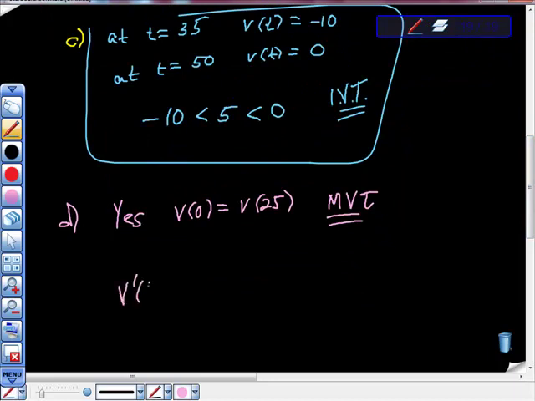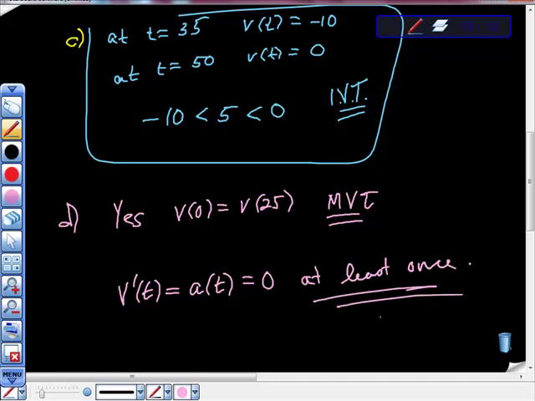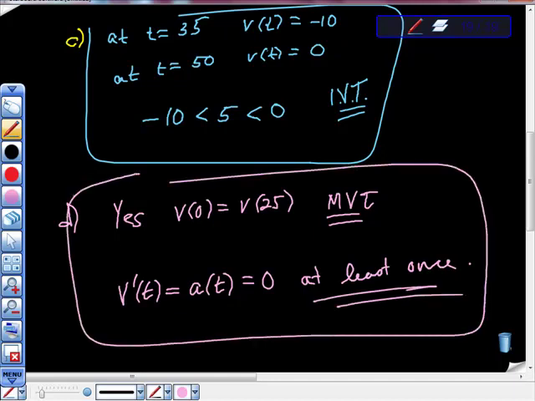V prime at t, the derivative of velocity, is acceleration. And if the velocity went from negative 20 to negative 30 back to negative 20, then it had to change directions, didn't it? And for it to change directions, it has to have a slope of 0. So A prime at t equals 0 at least once. At least once. Okay? And that's what they're asking us. And this is my answer. Make sure you circle your answers.